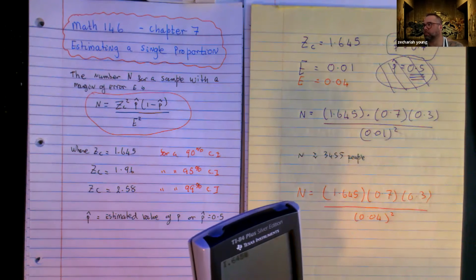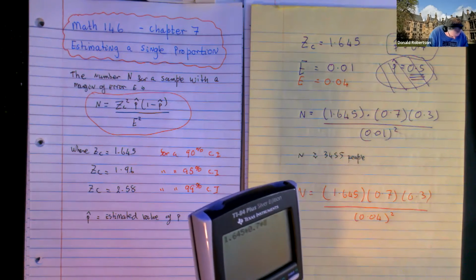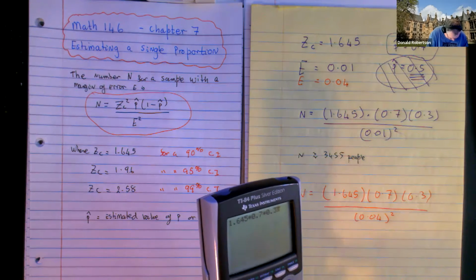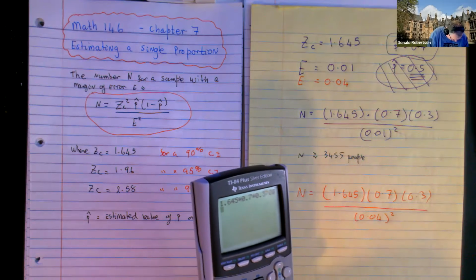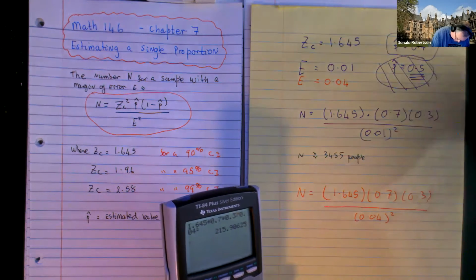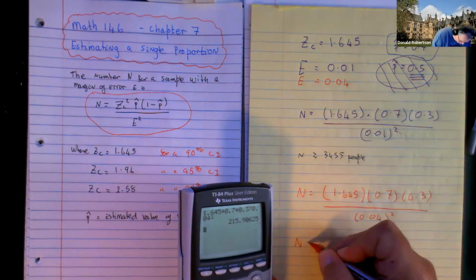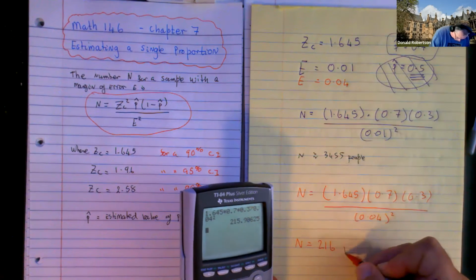Well, let's see it. 0.7 times 0.3, all divided by 0.04 squared. And actually, maybe it's a surprise to you, you only need 216 people.